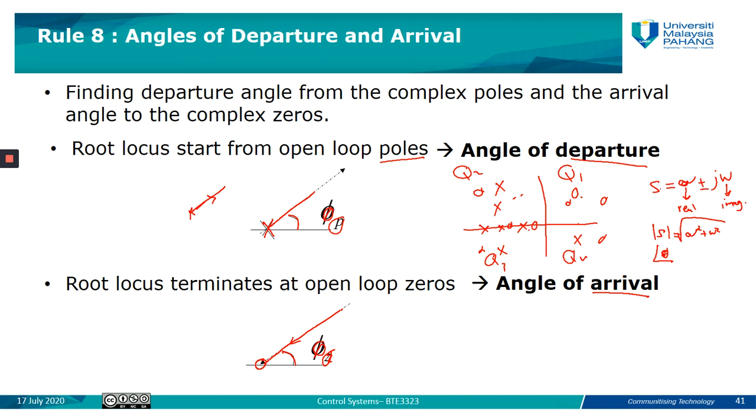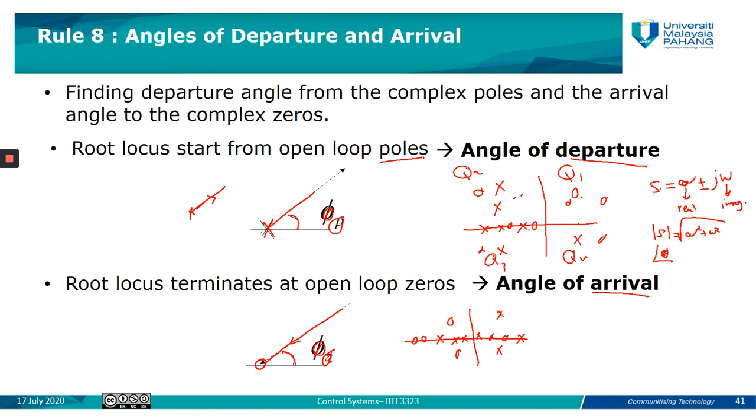And we said if your poles are real, you don't need to calculate the departure and arrival. If all poles and zeros are located on the real axis, either positive or negative, there is no need to find the angle of departure and arrival. But if you have at least one pole or one zero in the quarters, that means it has a complex number, real and imaginary.